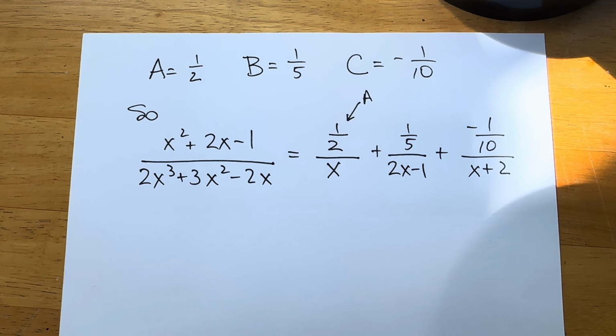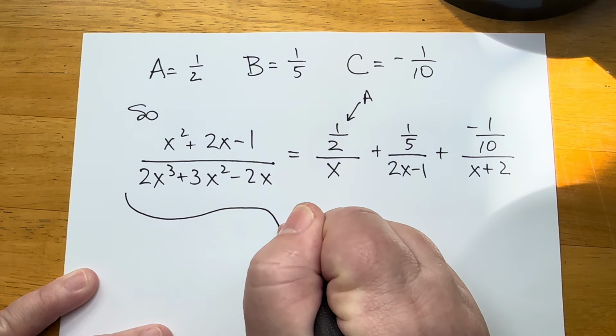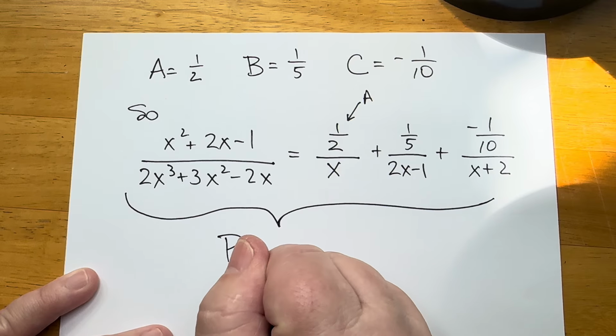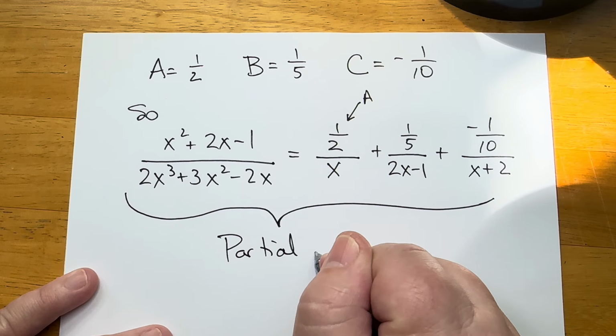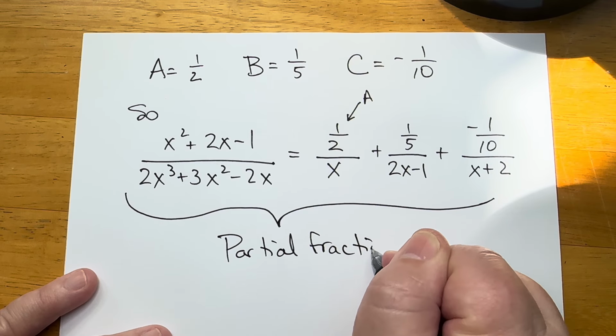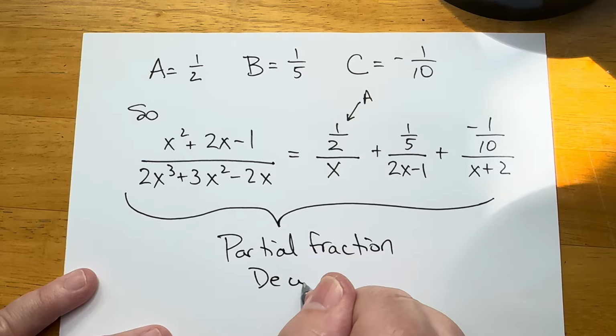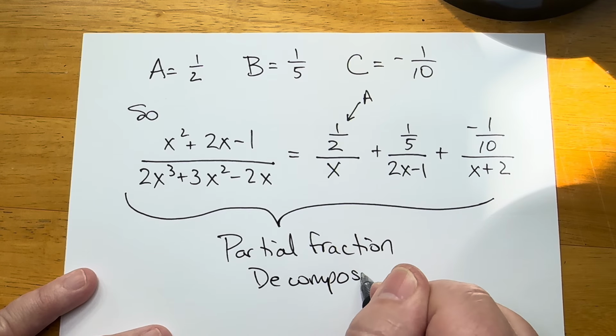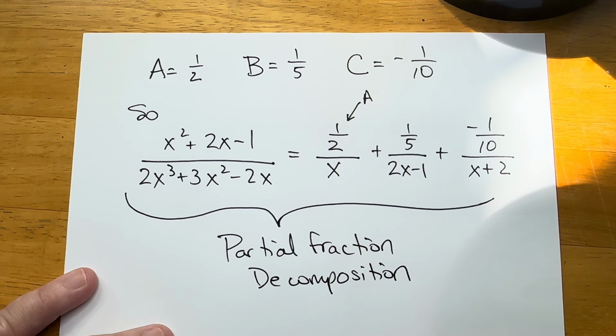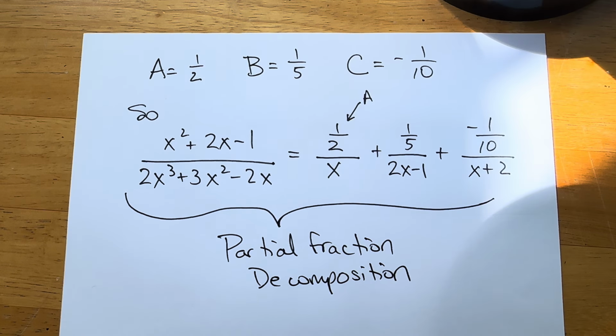Are you guys ready for the last bit? So this is the partial fraction decomposition. At this point, I know everyone's like, okay, now let's go take a nap because that was fun, but I'm done. And the answer is, well, we are so close.